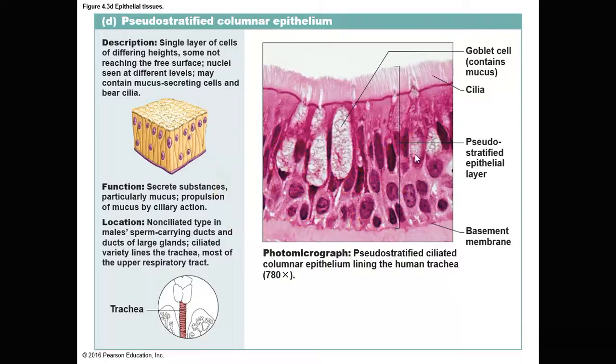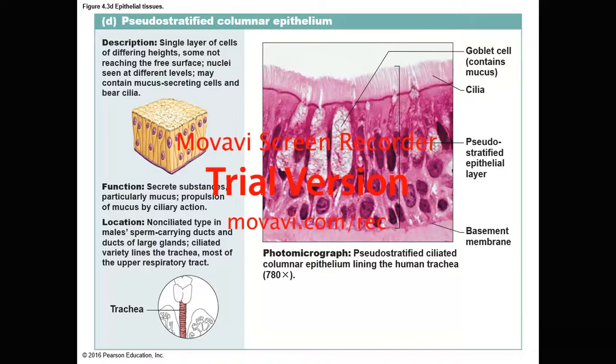All right. But again, when you hear things like the trachea and the upper respiratory system, you should automatically think pseudostratified columnar epithelium, okay?